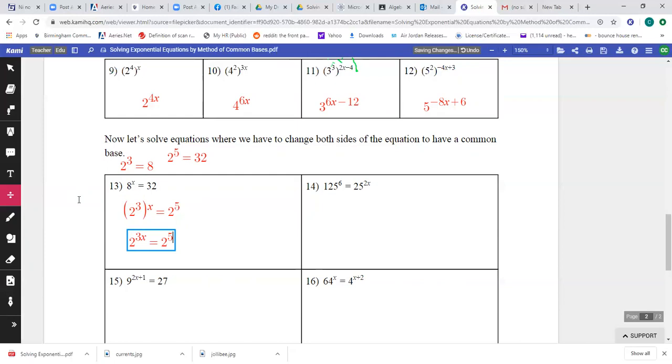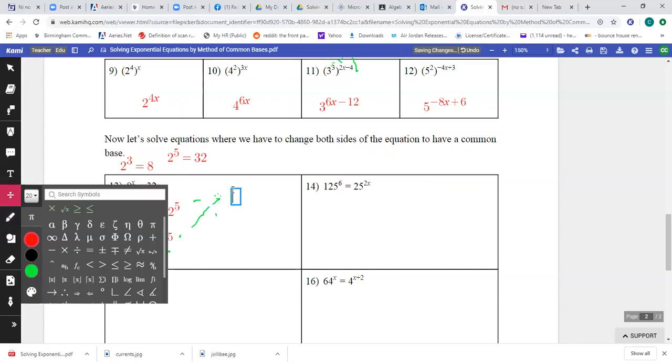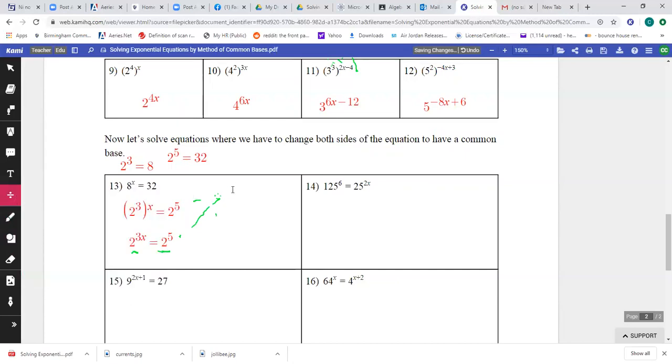And now, what can I do when I have the bases the same? You can just set the exponents equal to each other. So once you have that the two bases are exactly the same, 2 and 2, you just set the exponents equal to each other.